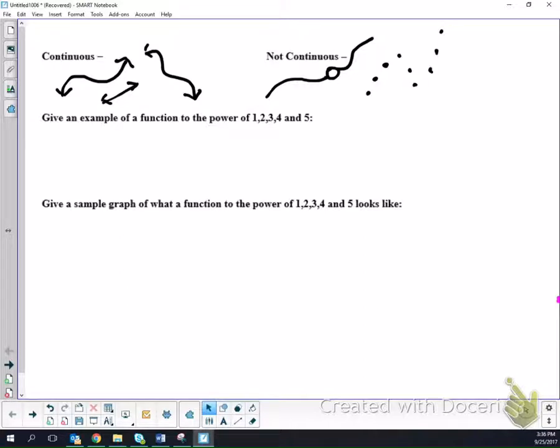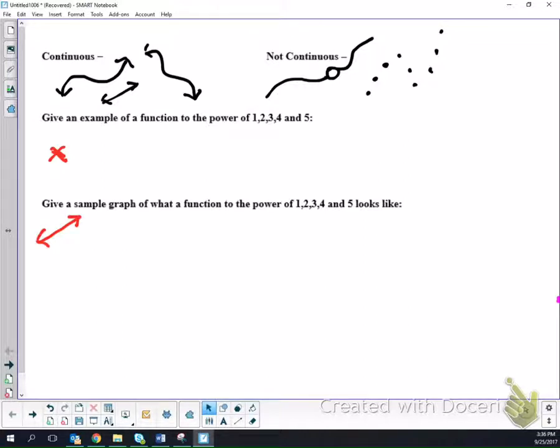Now, before we get too far into this discussion, let's even just talk about some of the bare minimum parent functions. So first, we'll have x to the power of 1, so that's x. Now, if I were to draw a graph of just x, well, that's just going to be a line.